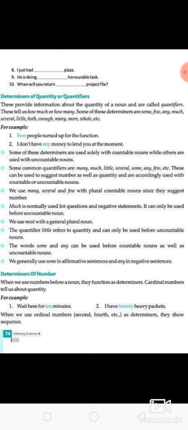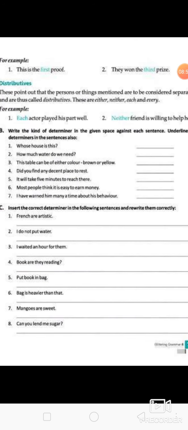The second boy in the queue did this mischief. Two examples of ordinal determiners are given. This is the first proof. They won the third prize. So third is followed by a noun, that is prize.